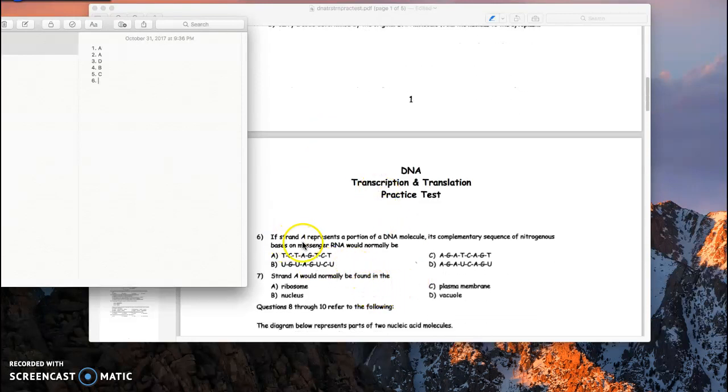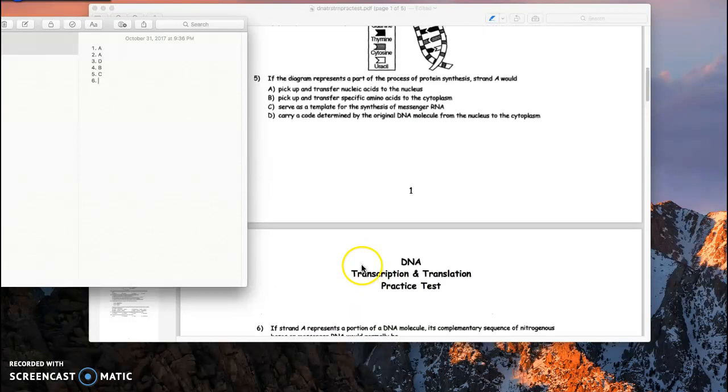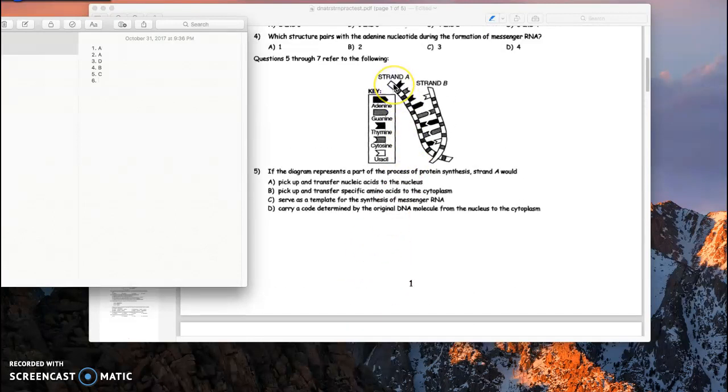Number 6: if strand A represents a portion of the DNA molecule, its complementary sequence of nitrogenous bases on mRNA would normally be. We'll scroll up here and we can see that strand A starts with thymine, which would pair with adenine. Then cytosine pairs with guanine. Then thymine pairs with adenine. Then here you've got an adenine. Remember, if we're going into mRNA, we need to pair that with a uracil.